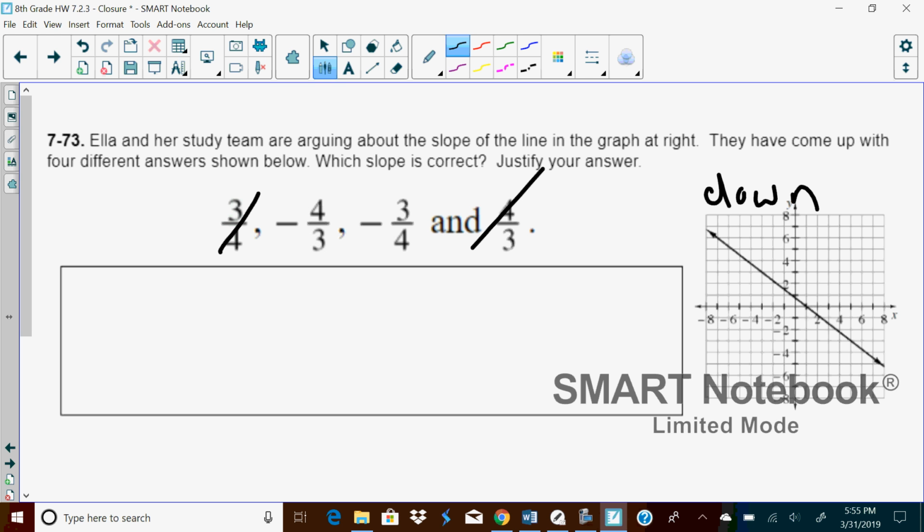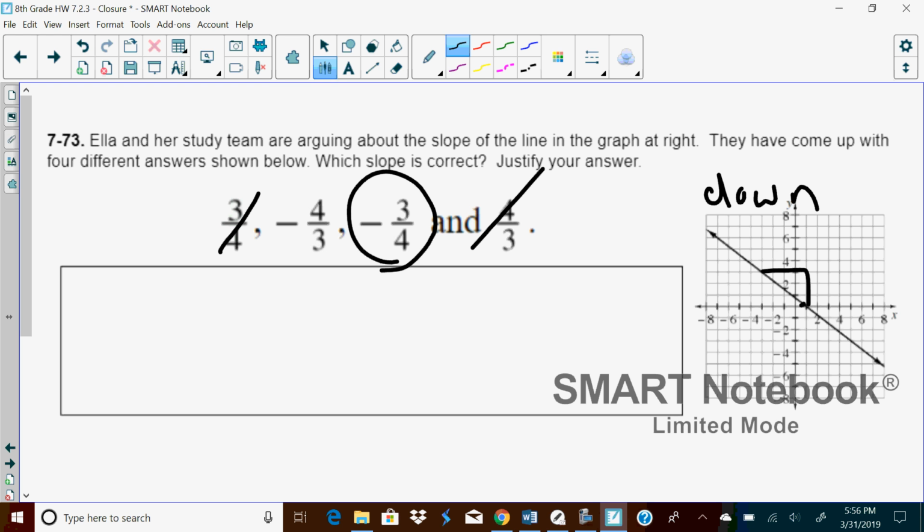So if I have my lattice point right here, I'm going to count up 1, 2, 3, and over 1, 2, 3, 4. So I know it's going over 3/4.